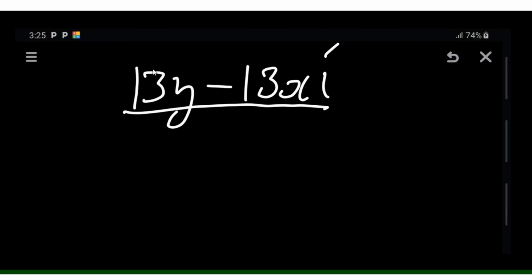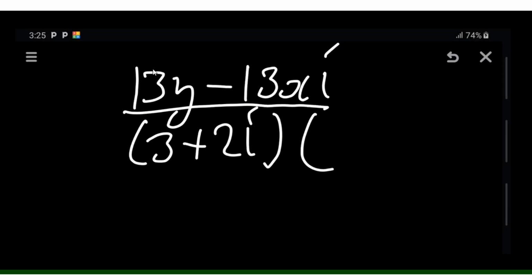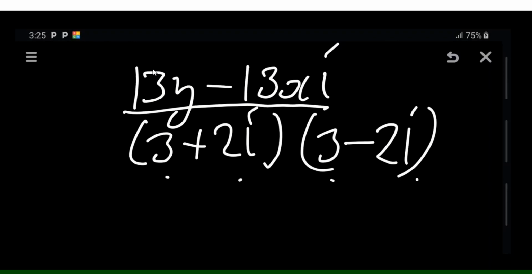It was 3 plus 2i and 3, now it's a conjugate, minus 2i. So in a simple term of doing this, you just multiply the first with the first, last with the last, because it's the difference of two squares. So you have your first and last, that's your answer, you add those.